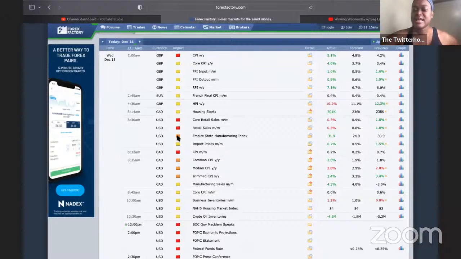Orange folder, that's medium impact. So if I'm going to trade with an orange folder, if I'm saying risk 1%, when I see an orange folder, I would risk even less than the 1% for that trade. And then the yellow folder, low impact.